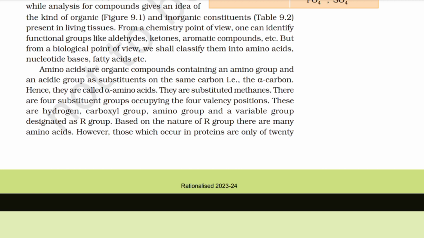Hence they are called alpha amino acids.